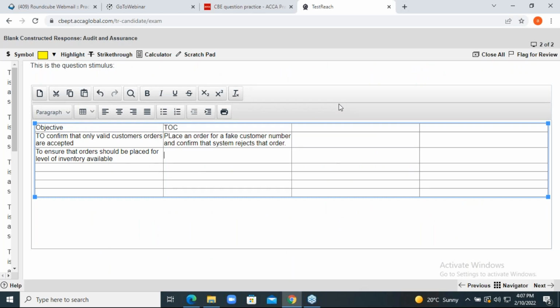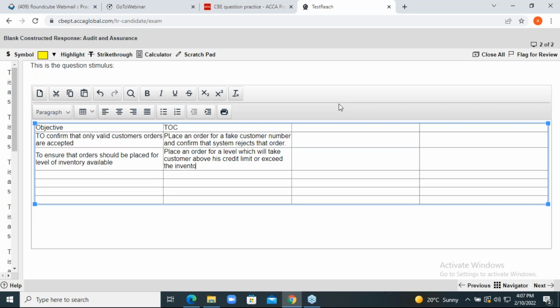Let's write: place an order for a level which will take the customer above his credit limit or exceed the inventory level.